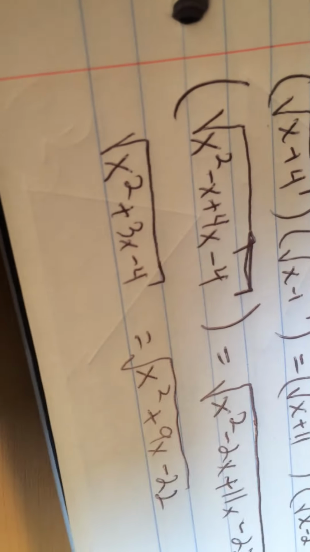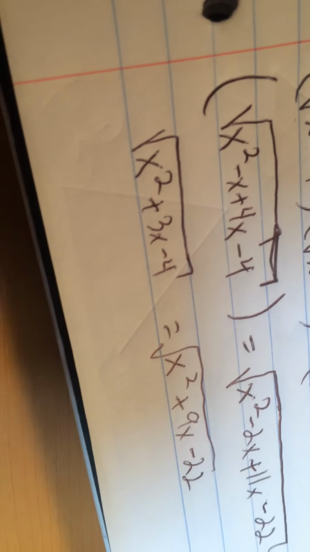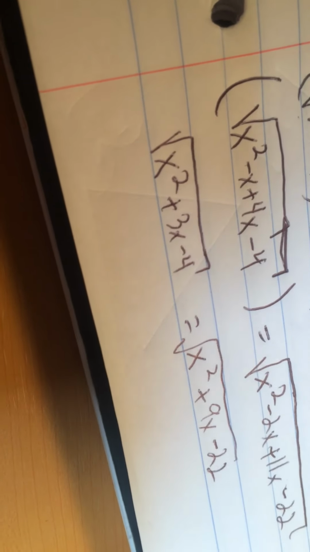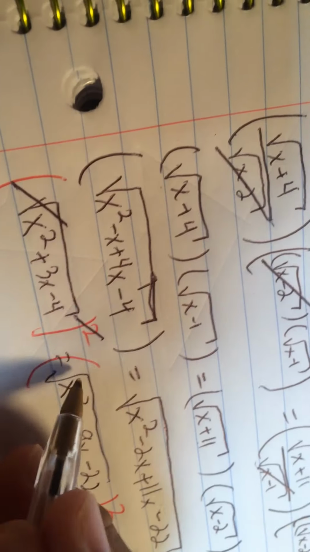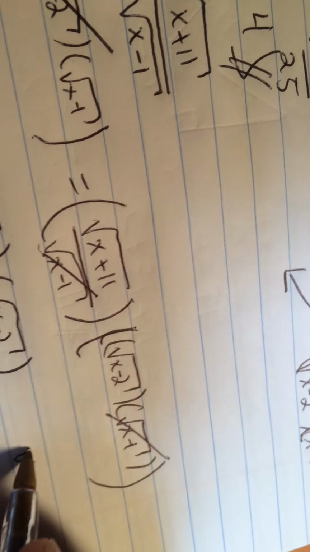And how do we eliminate the square root? We elevate to the square, meaning both sides to the square. So we eliminate the square root, and we only have, I'm going to put it here, x squared plus 3x minus 4 is equal to, oh wait, it's not going to fit.